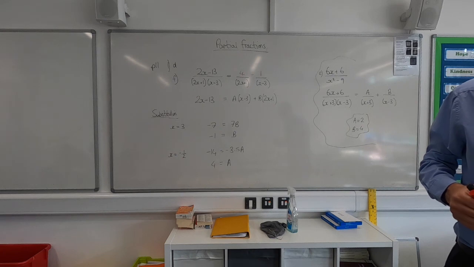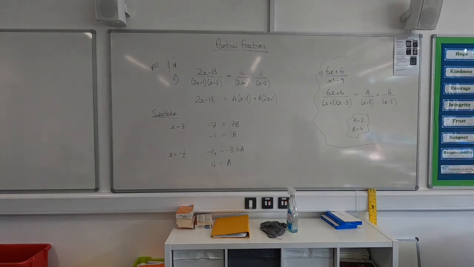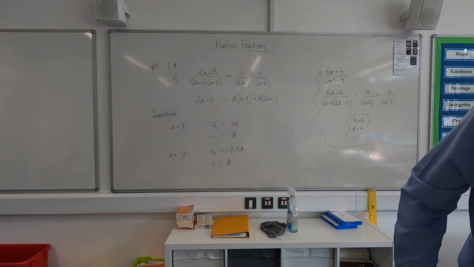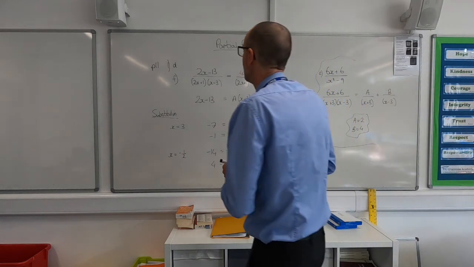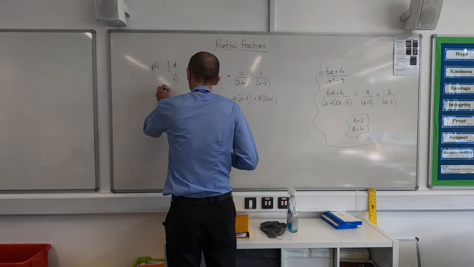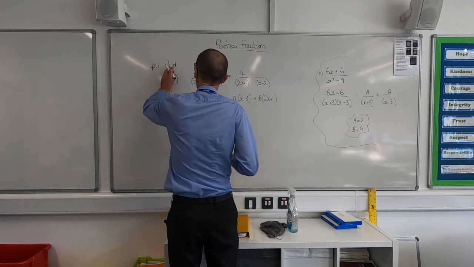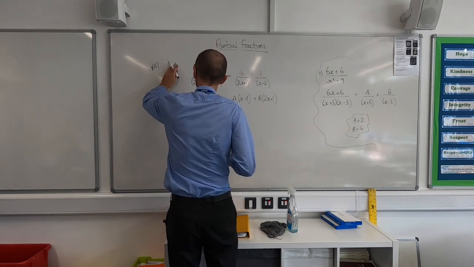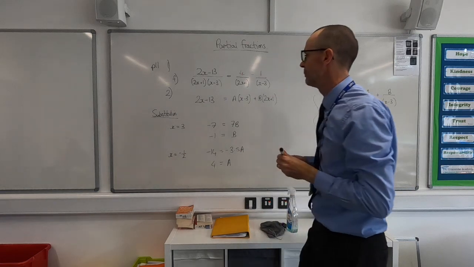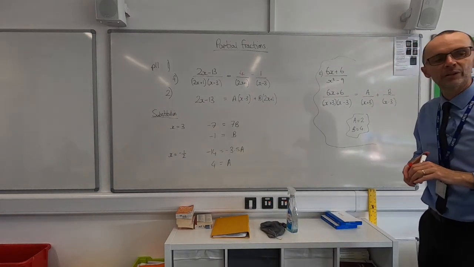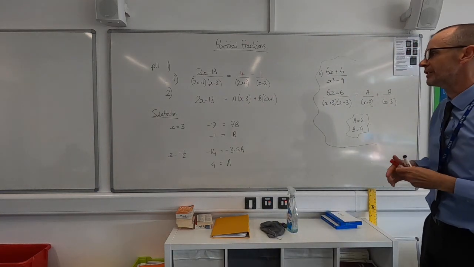Once you've had a go at that, have a go at number 2. So we're doing 1f and then question 2, both on page 11. For 1f you've got to factorise first.